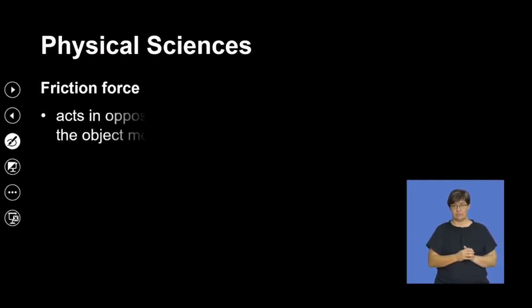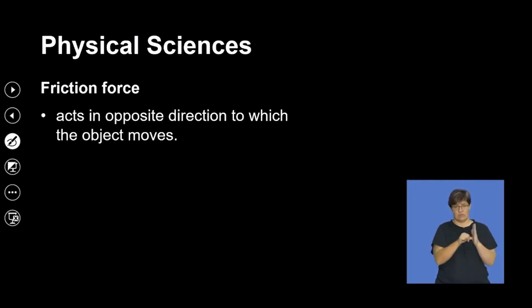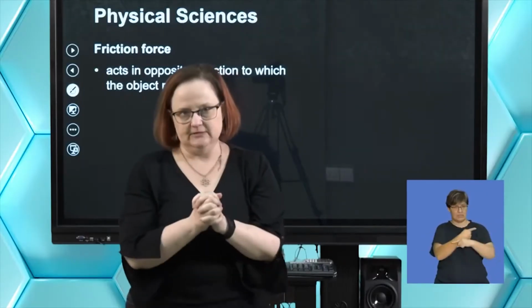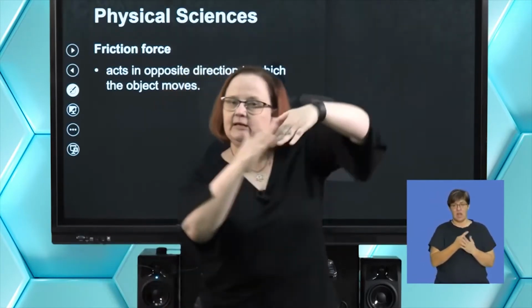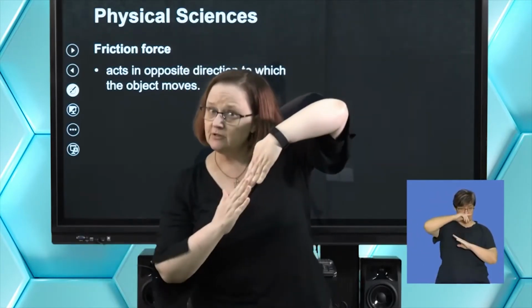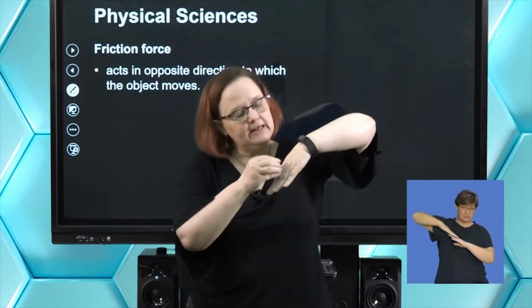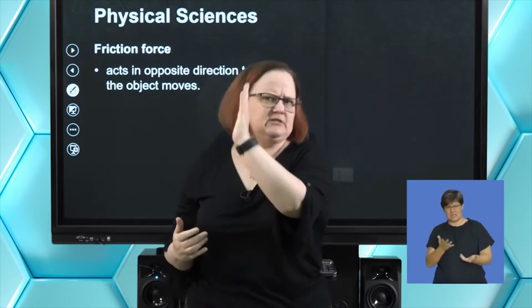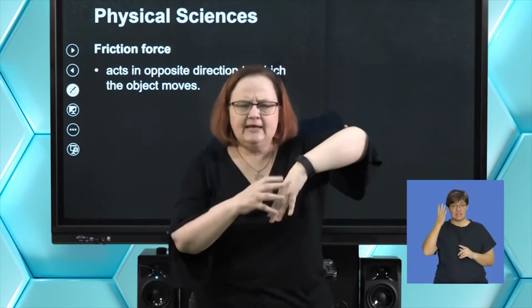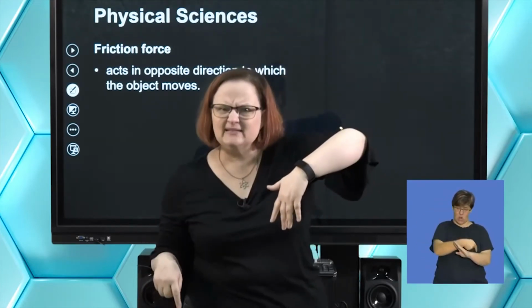So, very important, it always acts in the opposite direction to the motion. And I see this often, particularly when we've got objects on slopes, okay? Because we want the friction to always go up the slope somehow, we tend to forget that the friction can also act down the slope.